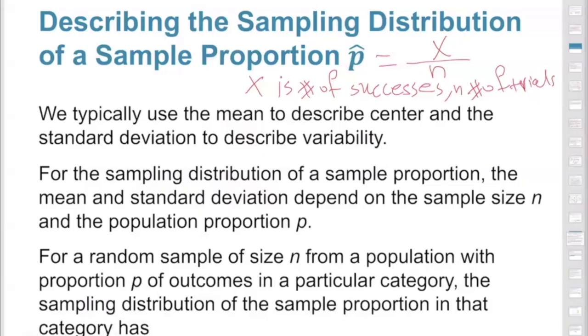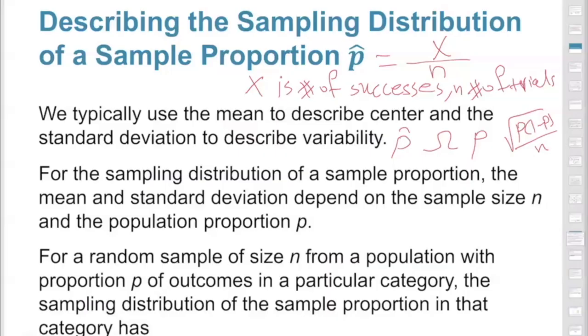So you will find that p hat is also normally distributed with mean P, the probability of success, and standard deviation square root of P times 1 minus P divided by N. So it's similar to X bar.